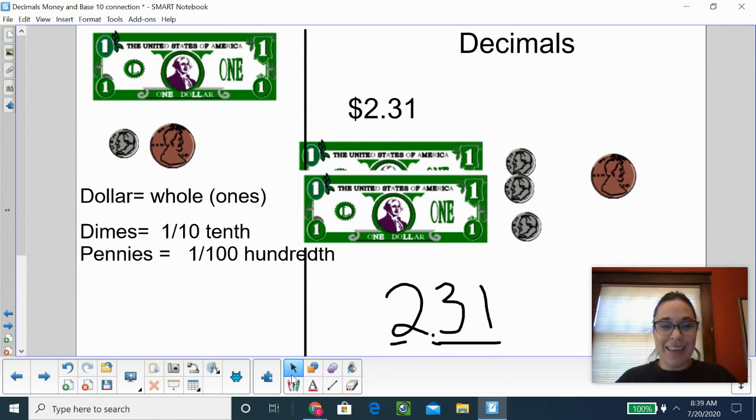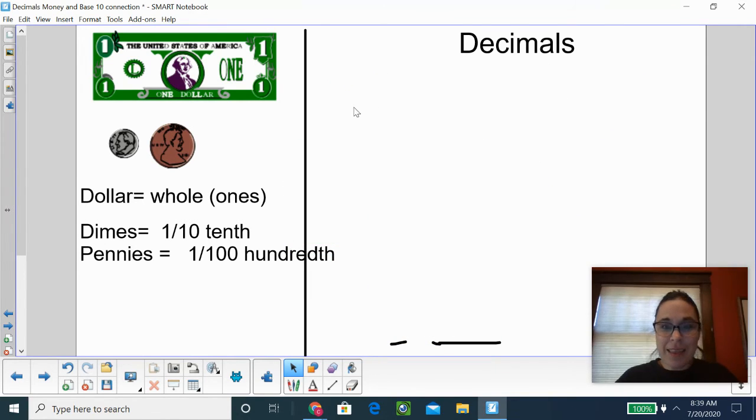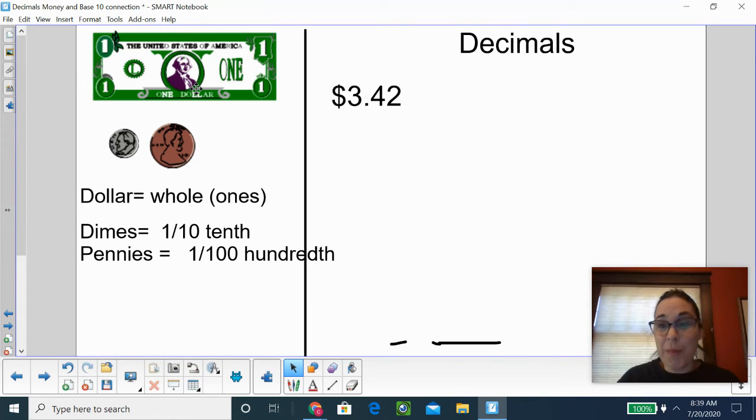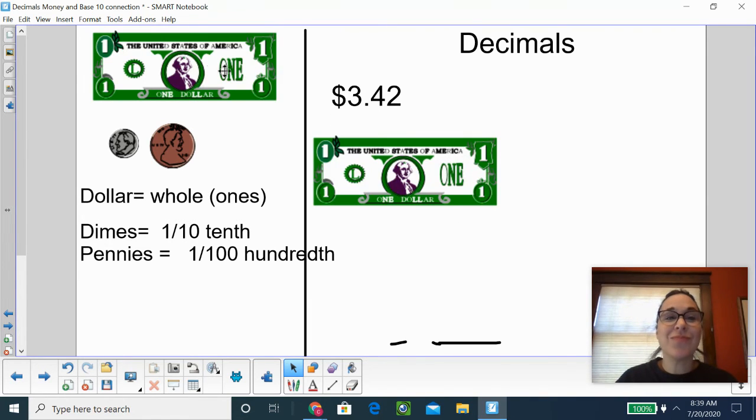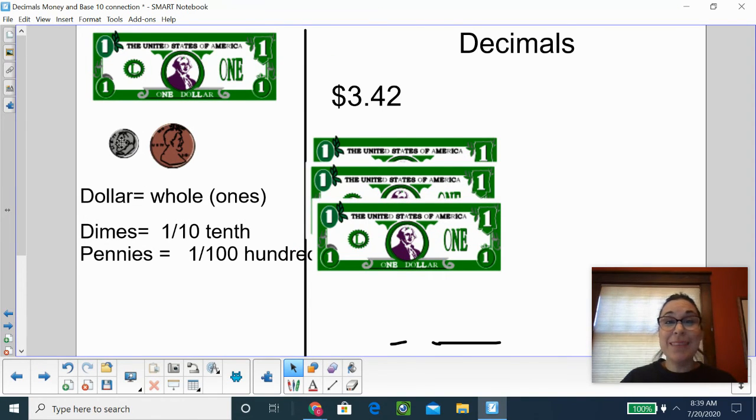Let's go ahead and try building another amount. This time, let's build $3.42. How many ones? How many dimes? 4. And how many pennies will we need?